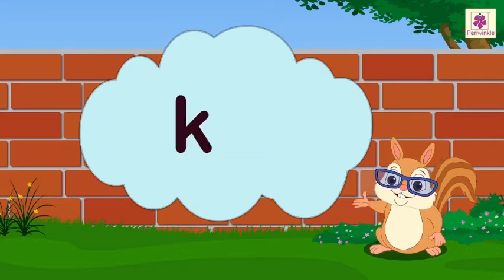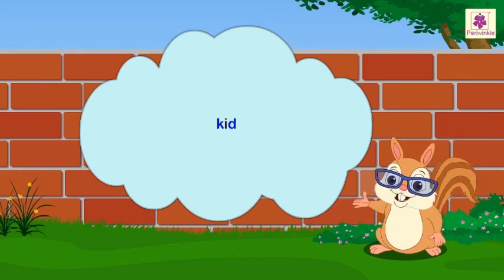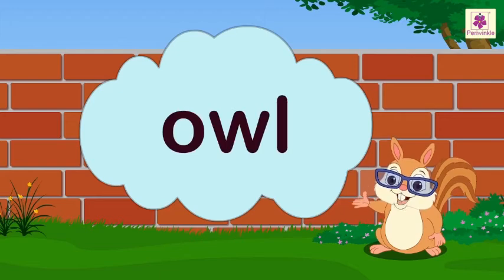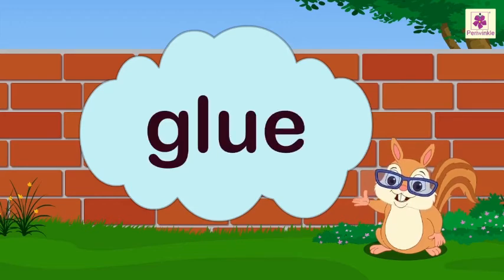In K-I-D, kid, K and D are consonants. In O-W-L, owl, W and L are consonants. In G-L-U-E, glue, G and L are consonants.